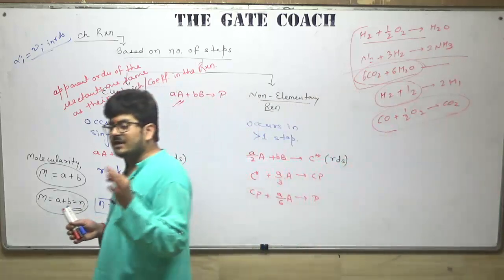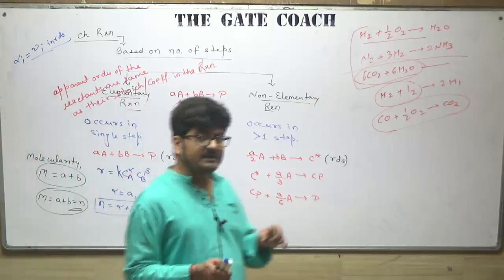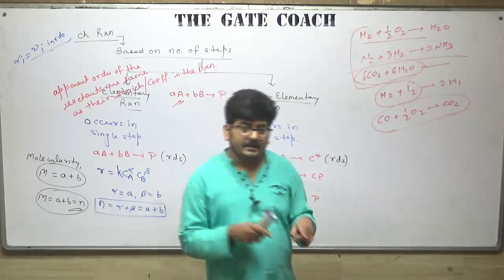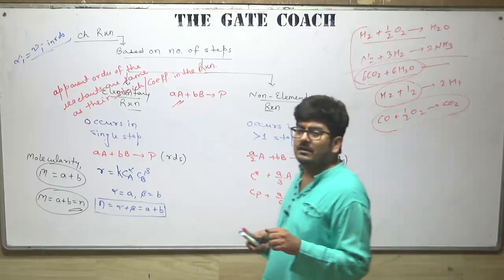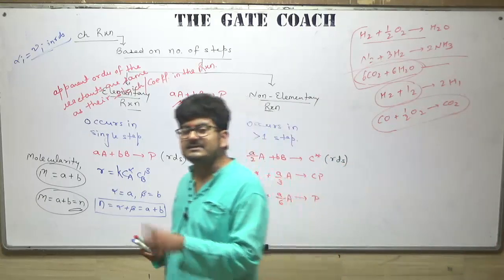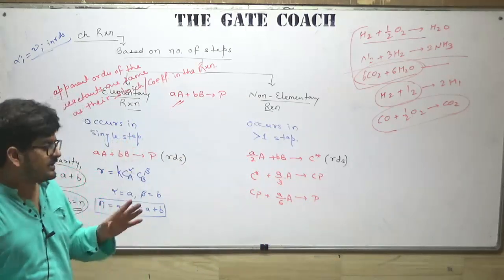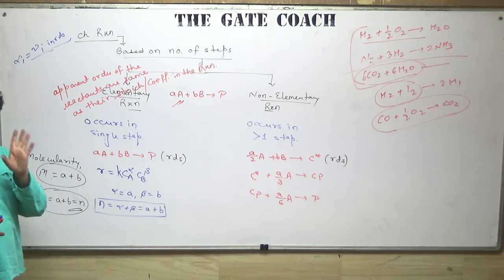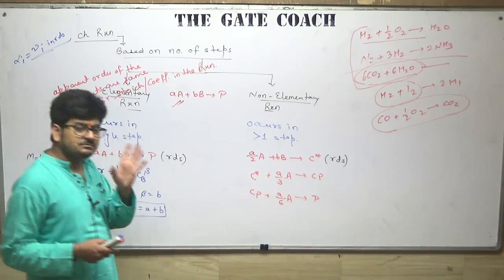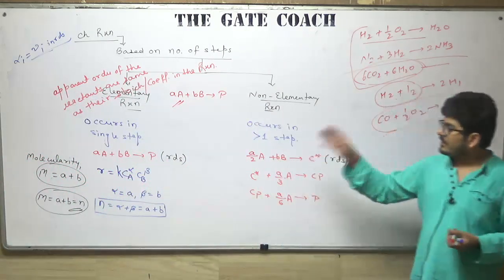We will consider the given reaction elementary only and only when it is mentioned. If they say in the statement that this is an elementary reaction, a single step reaction, only then we will consider it elementary. Otherwise all chemical reactions are non-elementary. And for any elementary reaction, overall order will be 1, 2 or 3 only. It cannot be 0, negative, a fraction or greater than 3.